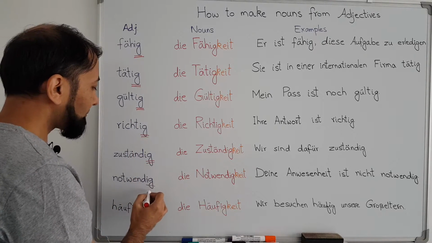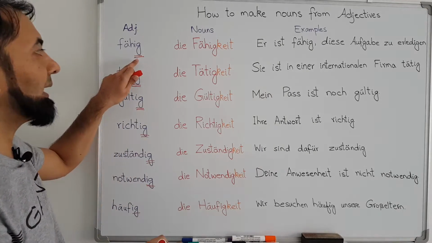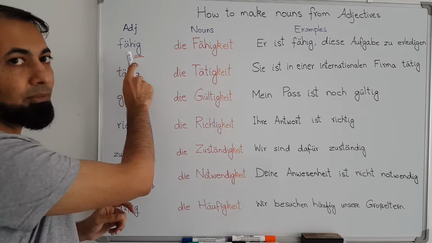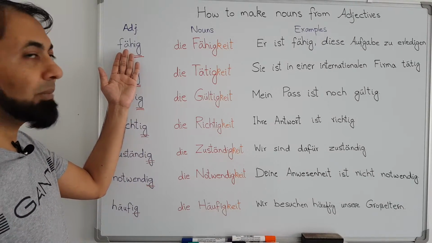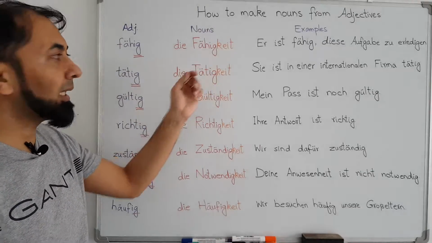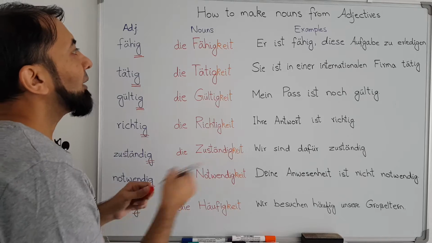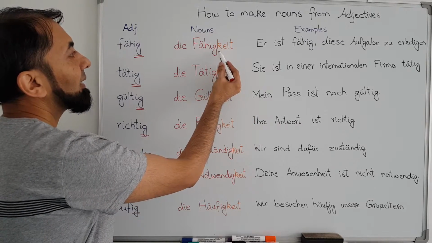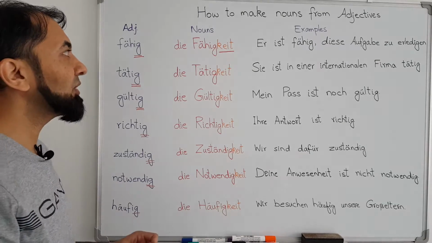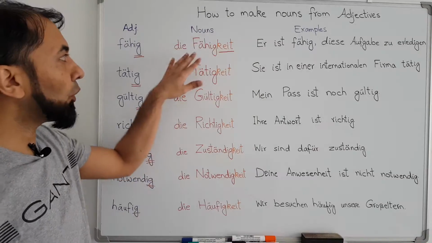To make a noun out of this adjective, we simply add keit, K-E-I-T.